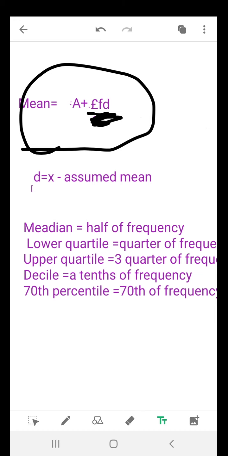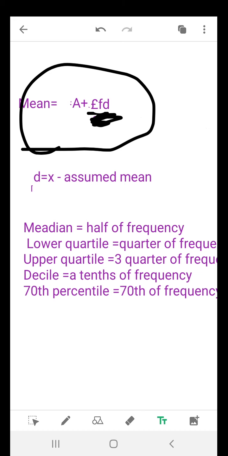That one, we are just getting the average. Then if you are given data with frequency, you multiply x by the frequency, then we add to get summation of fx, then we divide by the total frequency, summation of f.